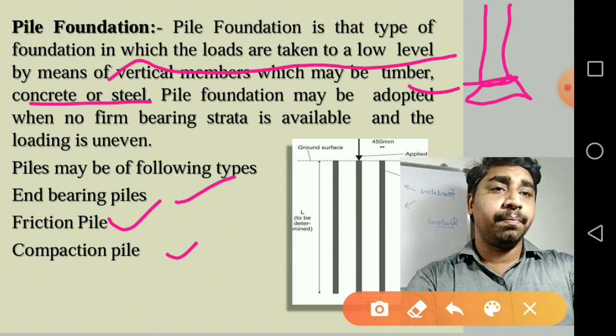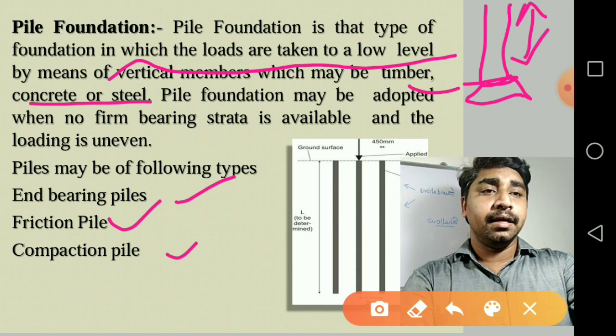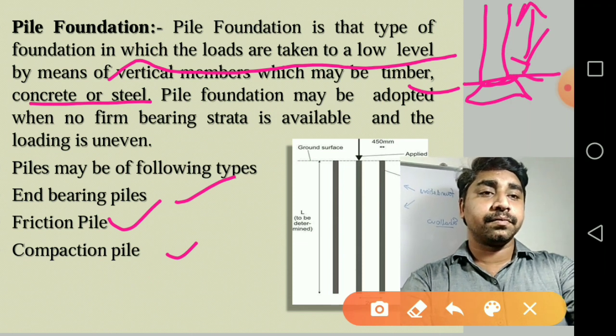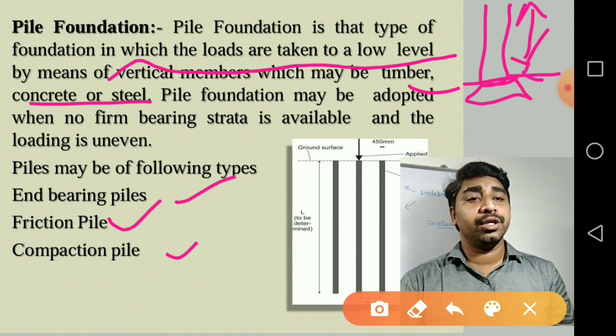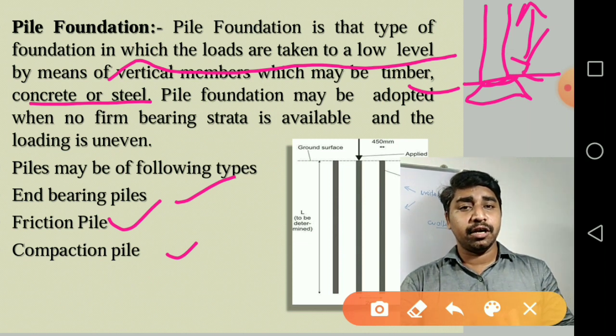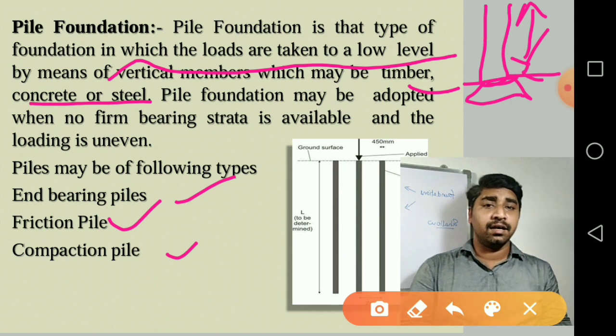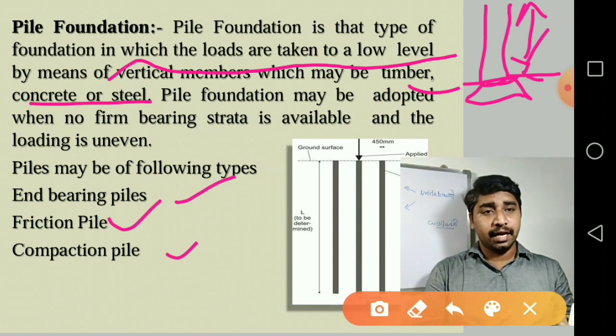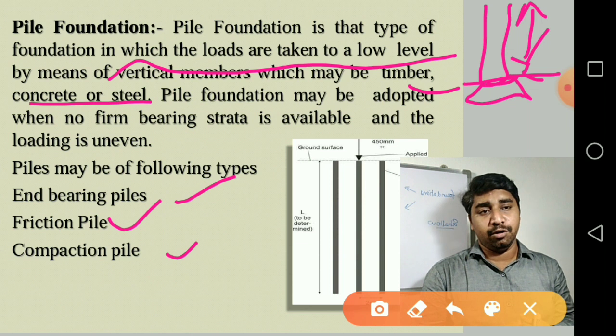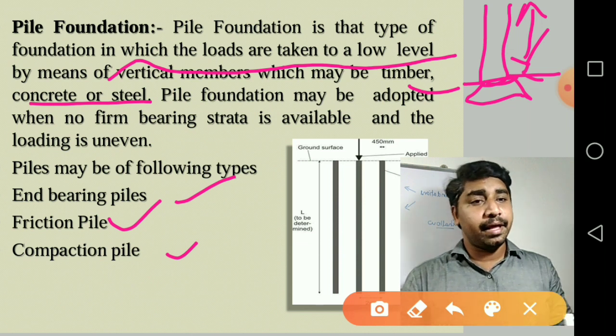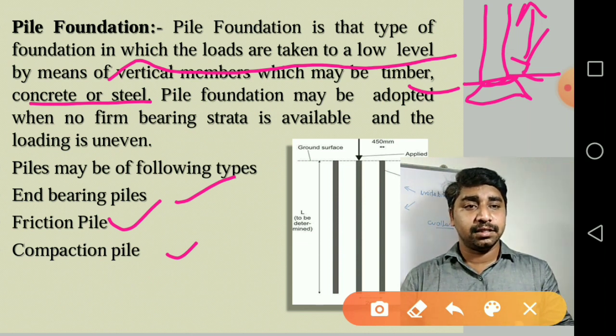This is the pile, and this is the tip. So the tip is going to distribute the entire load. The load is going to be distributed at the end of the pile. So the end is going to bear the entire load.